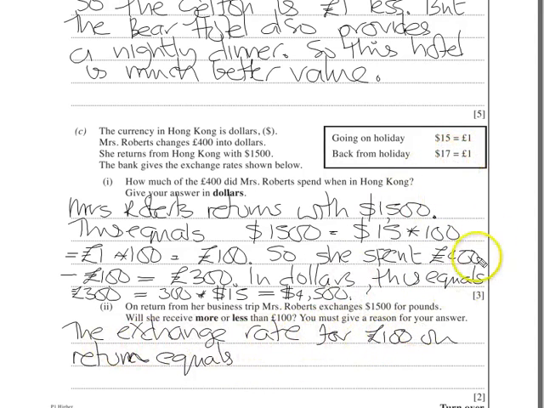So basically equivalency is £100 is 1,700. So it's $1,700. Corresponds, I shouldn't say equal, should I? It doesn't equal, it corresponds to $1,700. Yeah?